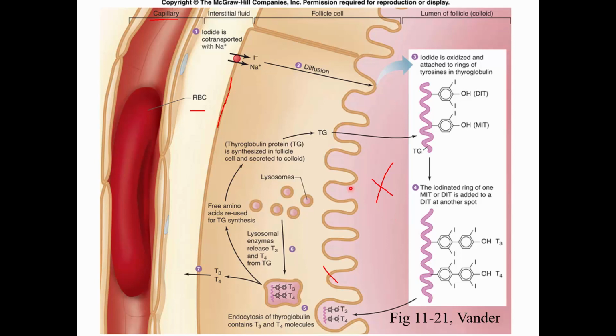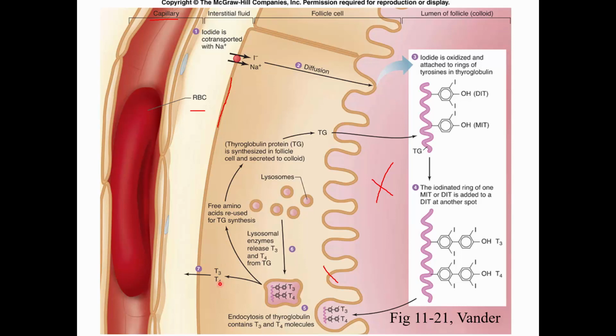In addition, stimulation by TSH will tell the cell to break down the colloid. Here we have some thyroglobulin molecule, the large molecule. These vesicles are fused with lysosomes, and that causes an enzymatic reaction which frees T3 and T4.